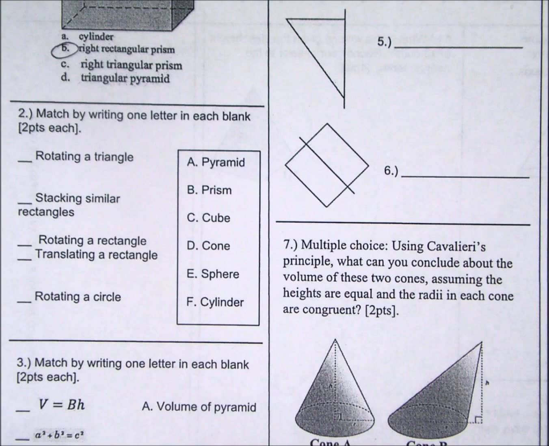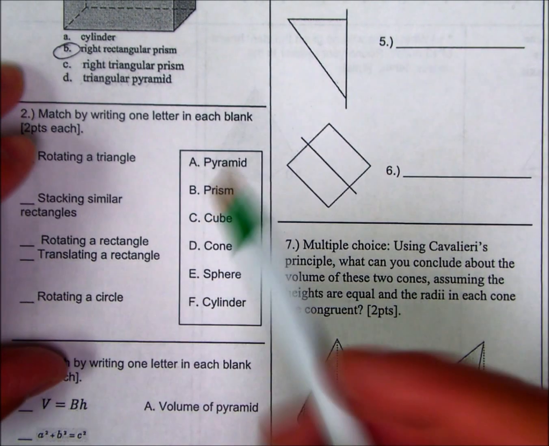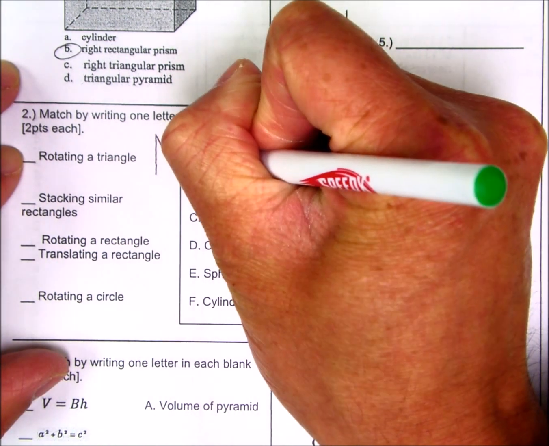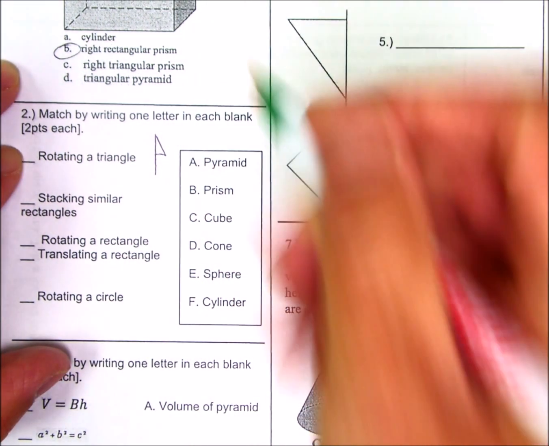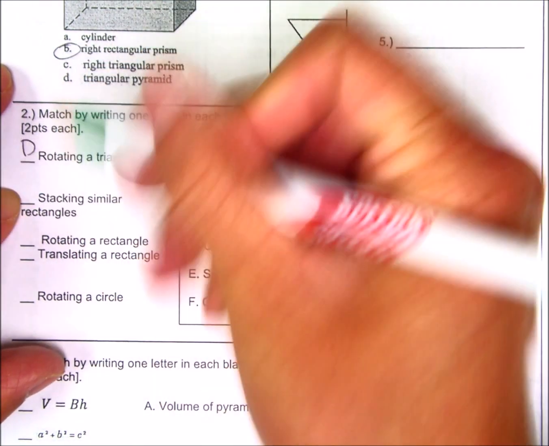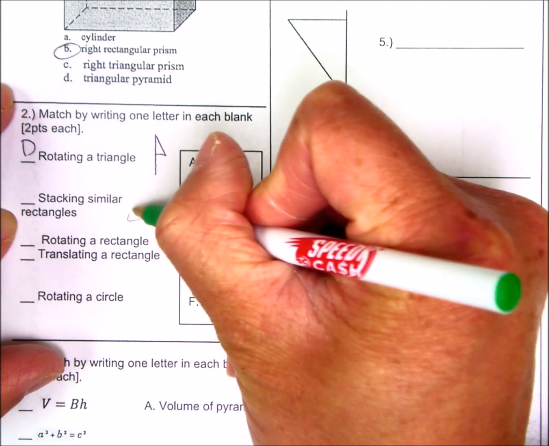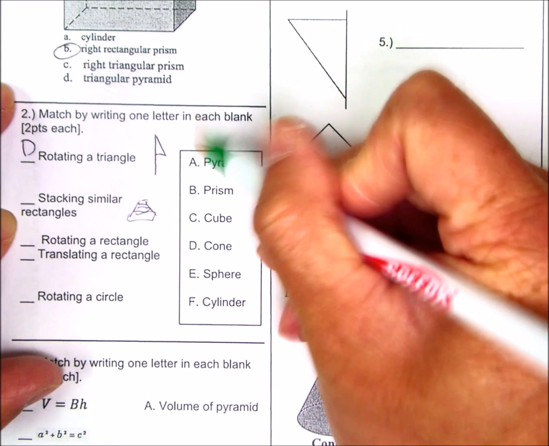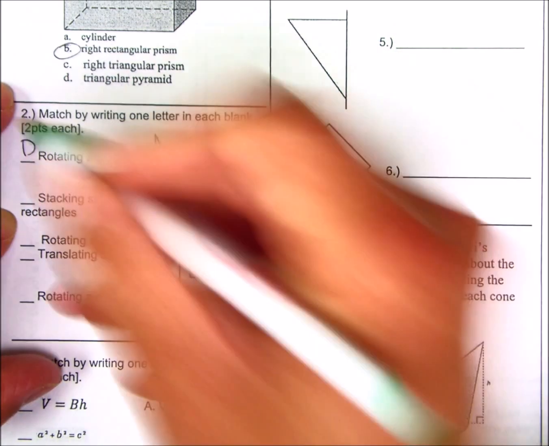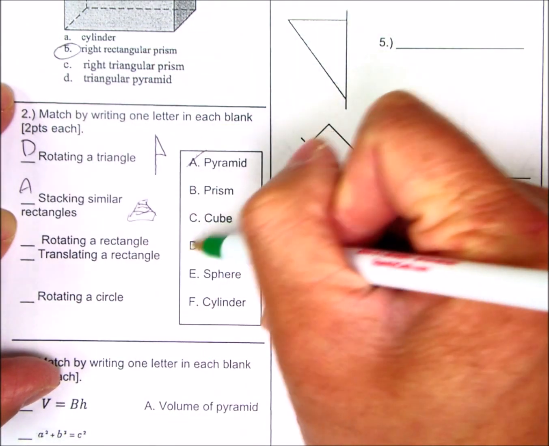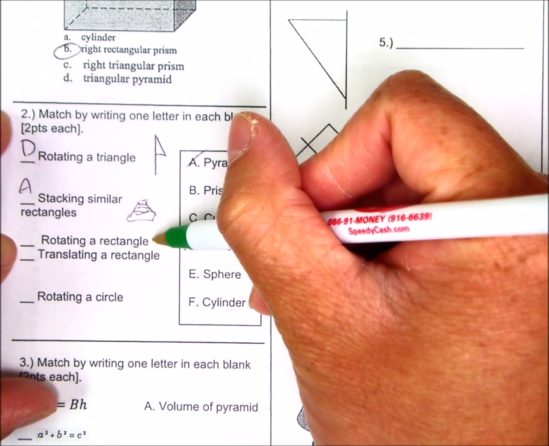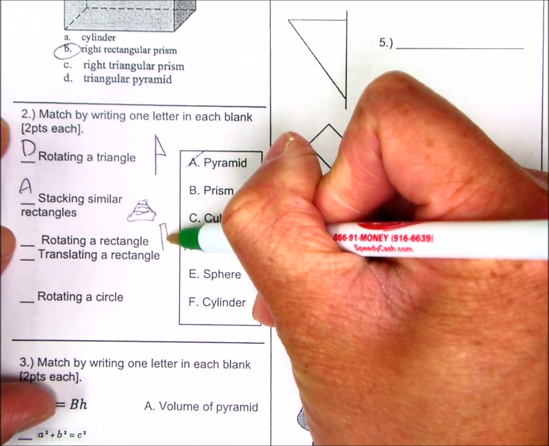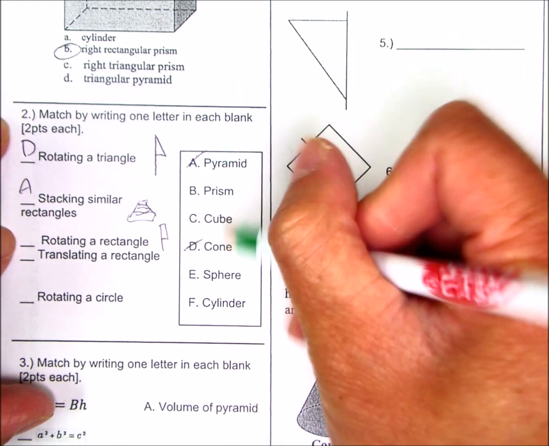Number 2, match by writing one letter in each blank. Rotating a triangle, if you draw this, that would give you a cone. Stacking similar rectangles is going to give you a pyramid. Rotating a rectangle, like a drill bit, you'll get a cylinder.